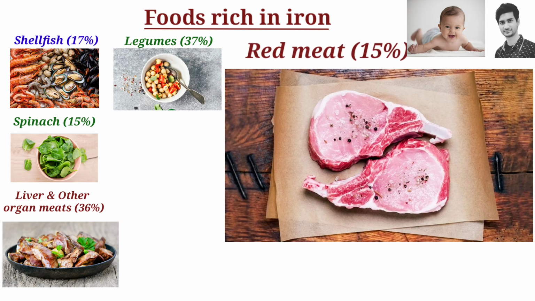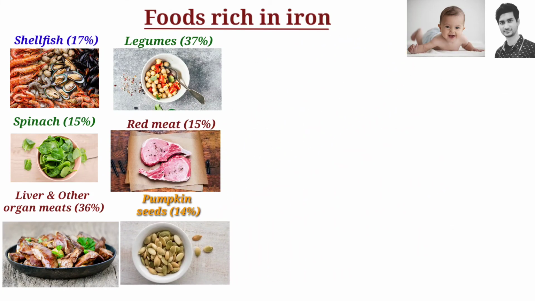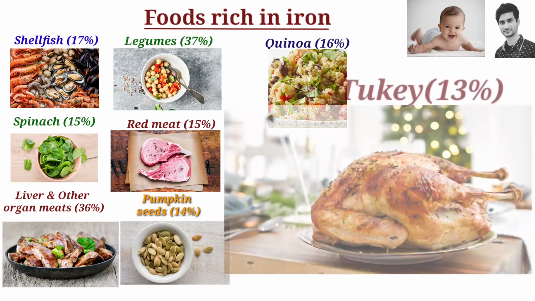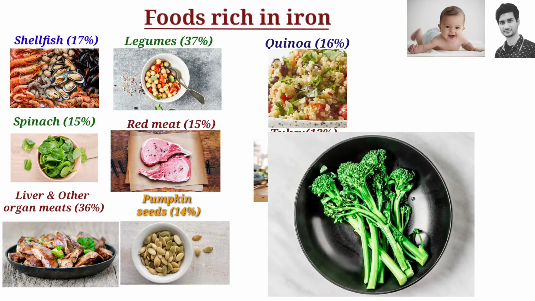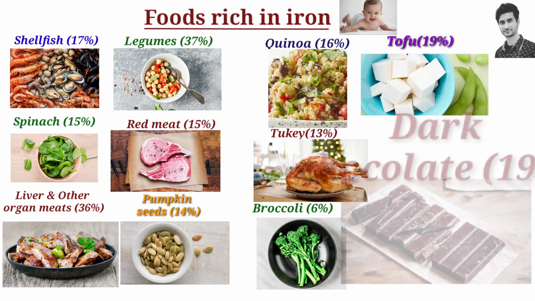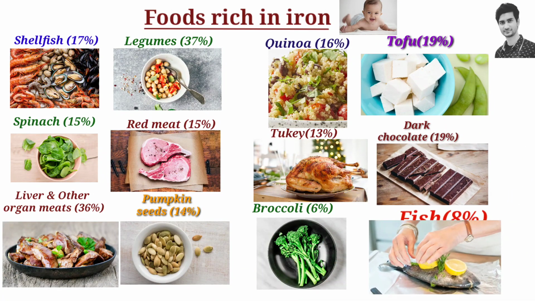Red meat, 15%. Pumpkin seeds, 14%. Quinoa, 16%. Turkey, 13%. Broccoli, 6%. Tofu, 19%. Dark chocolate, 19%. Fish, 8%.